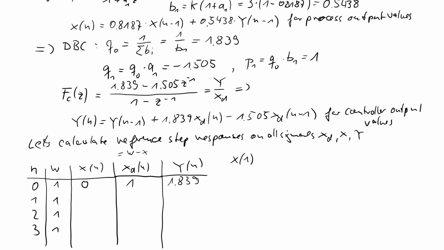So x1 is 0.8 and so on times x0. x0 was 0, so this is 0 plus 0.5438 times y of n is 1, so this is 0, y of 0 is our controller output 1.839, and you may believe it, this is exactly, accurately with 1,000 zeros, exactly V1.